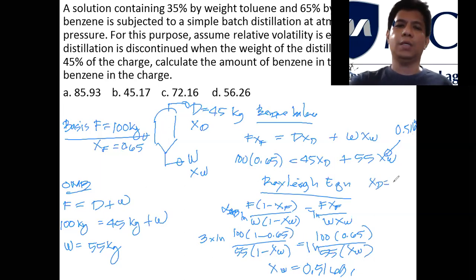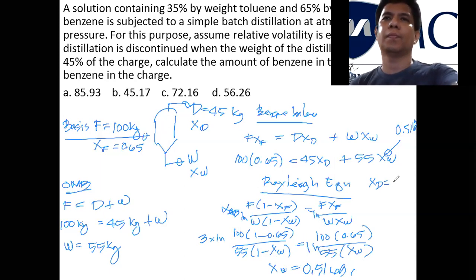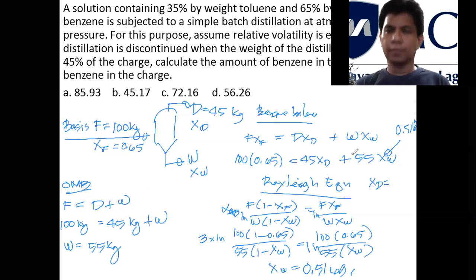So XD would be, I'm getting 0.8132. XD is 0.8132.